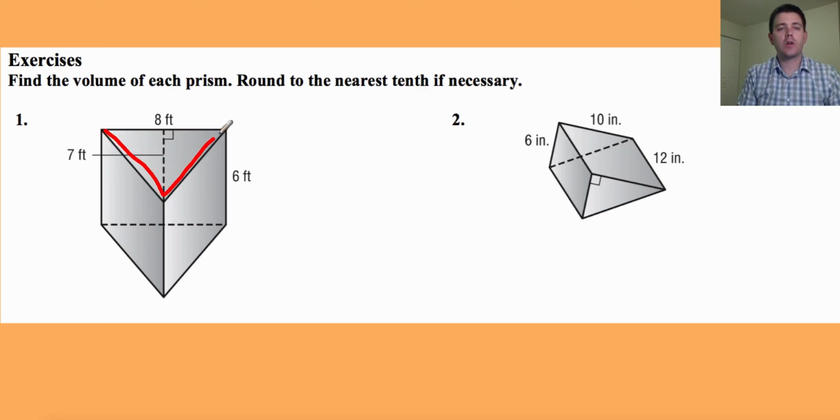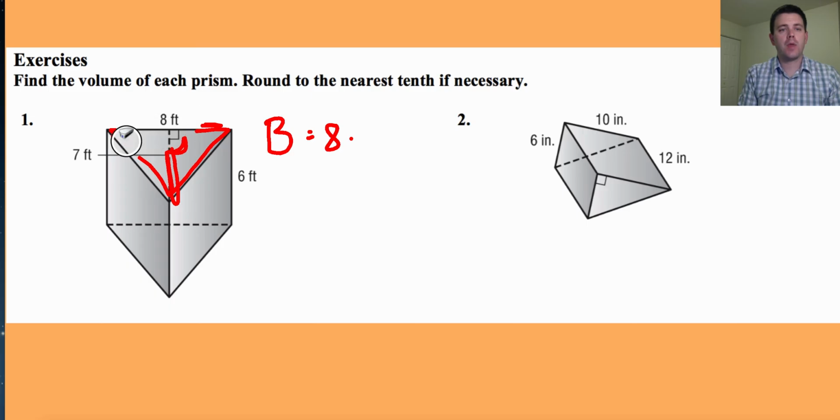Start with your triangle. That's the big capital B, the area of that triangle. Well, it's got a base of 8. It's got a height of 7. Notice that right angle symbol there. Okay. I'll clean it up a little bit so we can see it a little bit better. But you'll see that right angle symbol there.